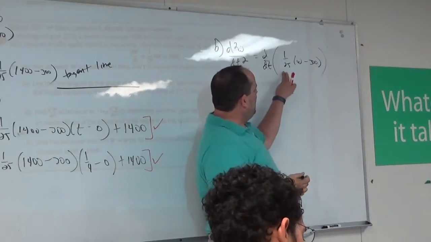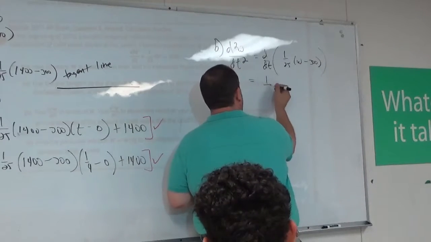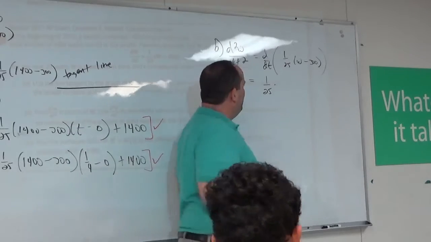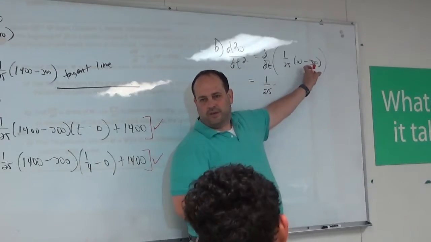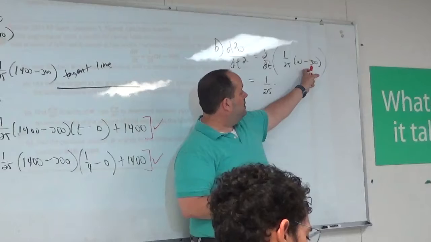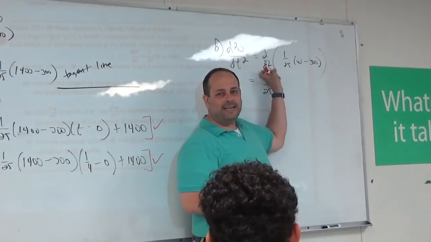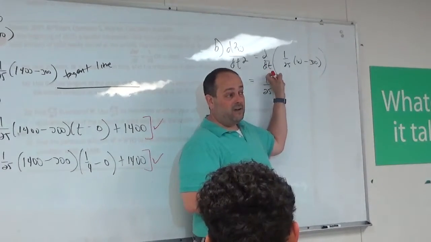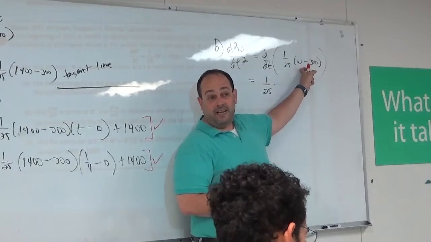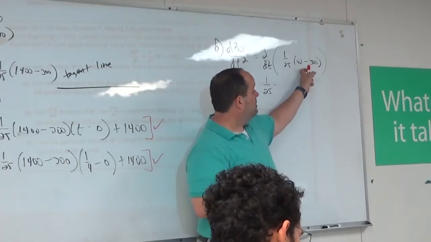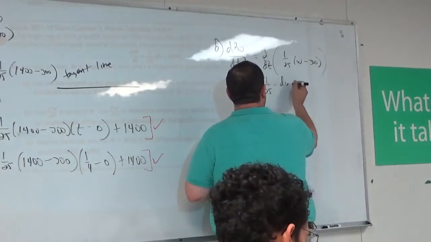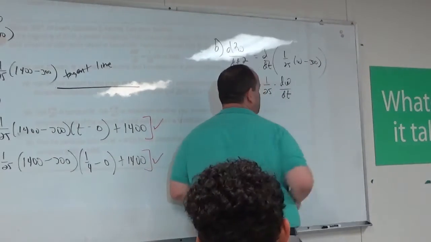The derivative of a constant times the stuff is 1 over 25 times the derivative of W minus 300 with respect to t. T is the variable here. The derivative of W with respect to t is dW dt, not 1.